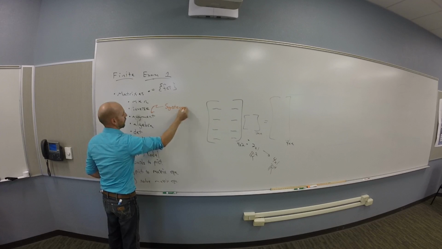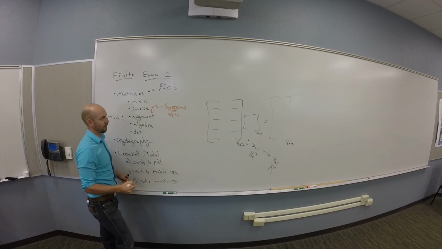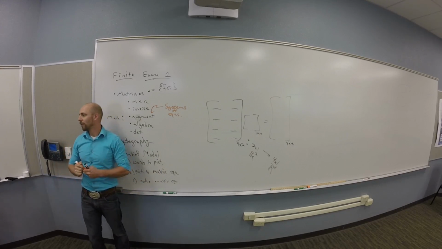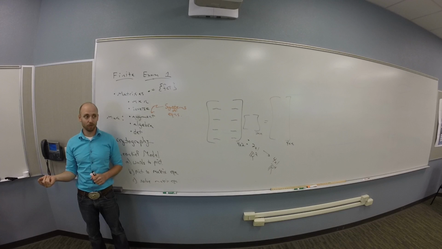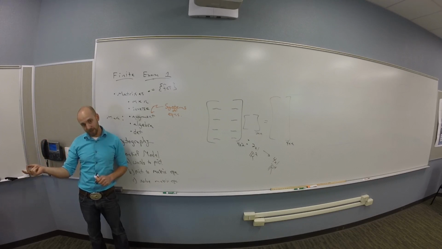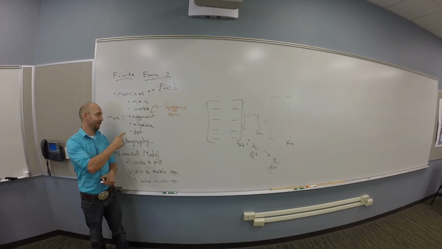You usually augment by the other matrix. So there's 2 different things you can augment by, right? You can augment by a vector, in which case you're solving a system of linear equations, or you can augment by the identity matrix, in which case you're finding an inverse, right? Both of those are fair game under augment.